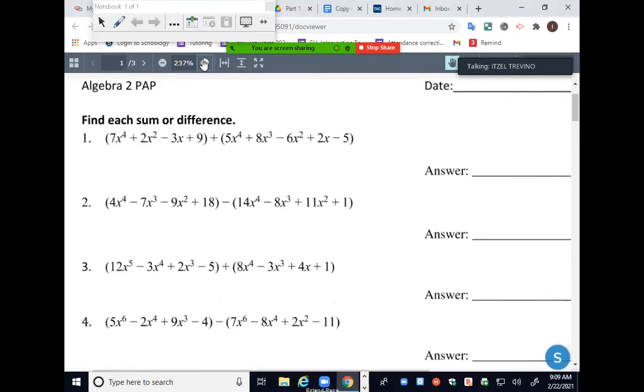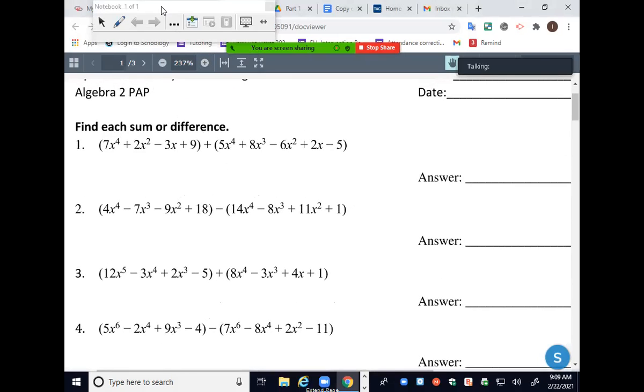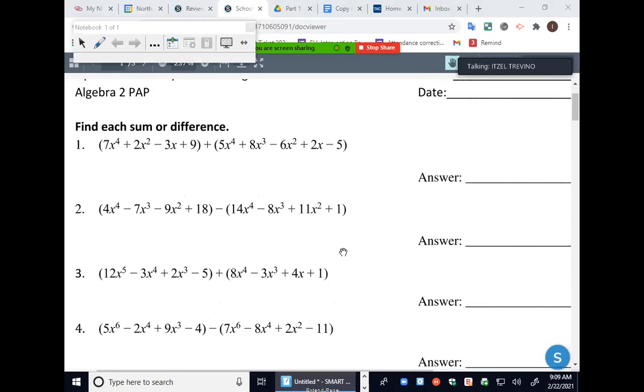So let's start off here. Let's add. So we know we can only add like terms together, meaning it has to have the same exponent and it has to have the variable, right? If not, I can't add them together.